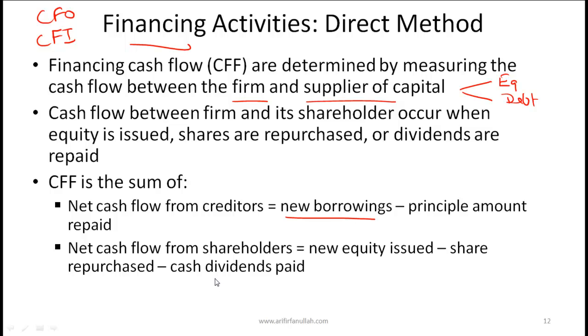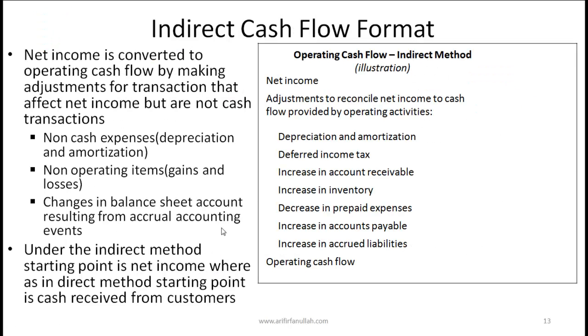Alright, so let's take a slight breather here. What we have done so far is talked about the direct cash flow statement. We talked about the CFO in the context of the direct cash flow statement, then we talked about CFI, and we just finished talking about CFF. Now that we are talking about the indirect cash flow statement, the only difference is that CFO is calculated differently.